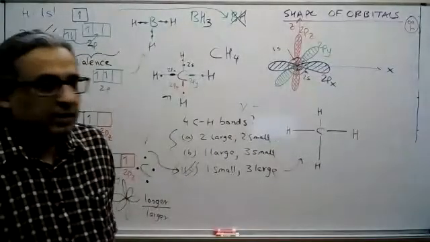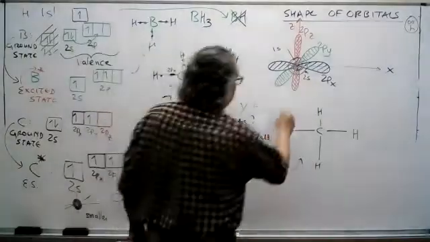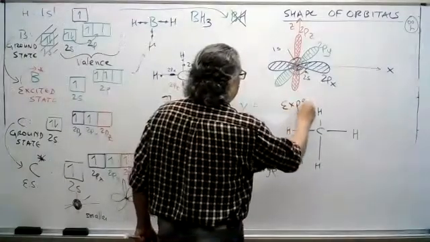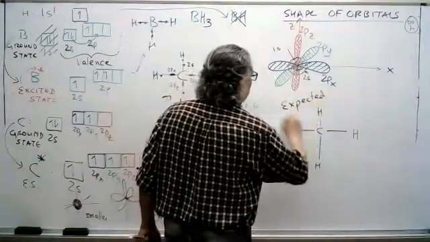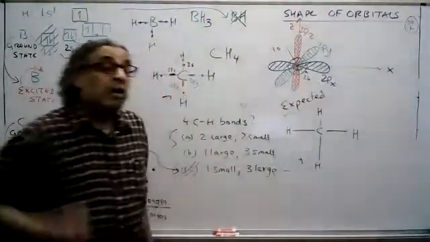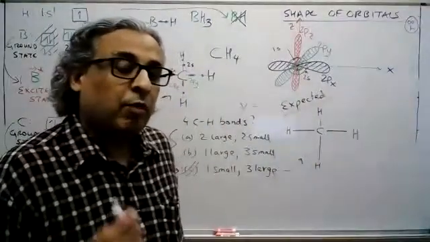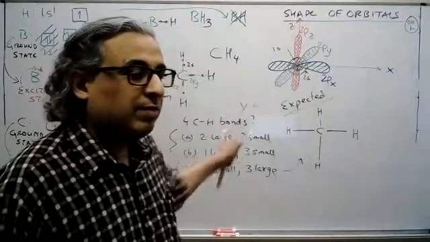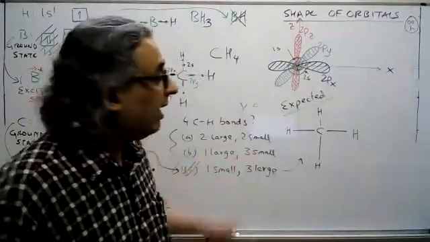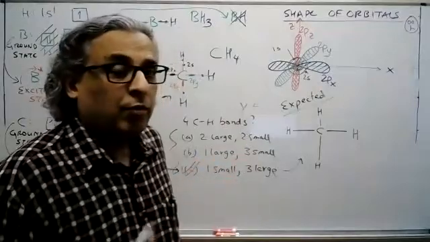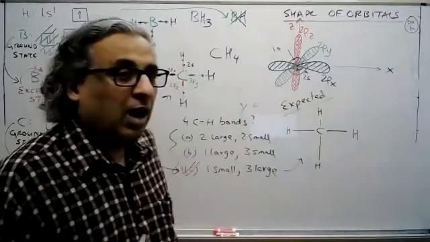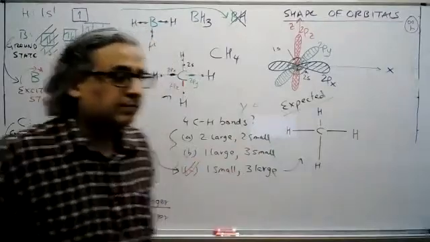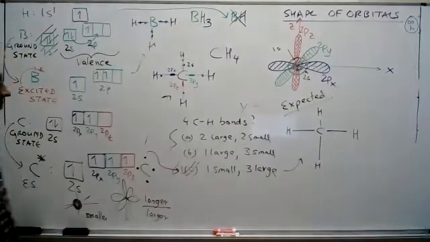But you know the right answer. So this is expected. Do you think that's how methane bonds are, or is there something wrong with this? There is an anomaly with that. In real life, the 4 bonds are not this way. How are the real 4 bonds?